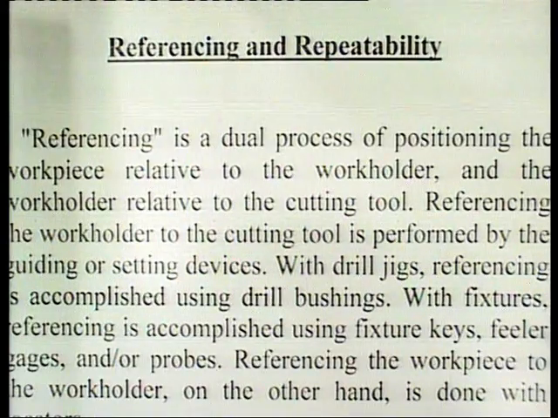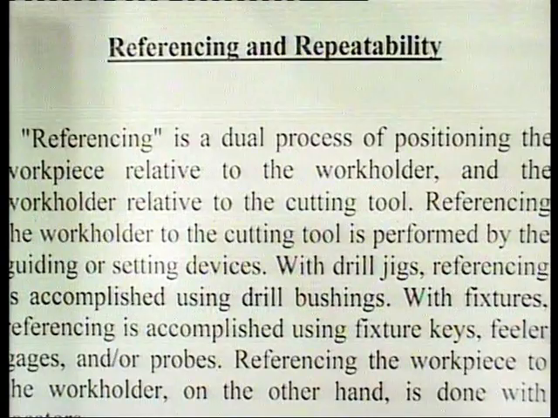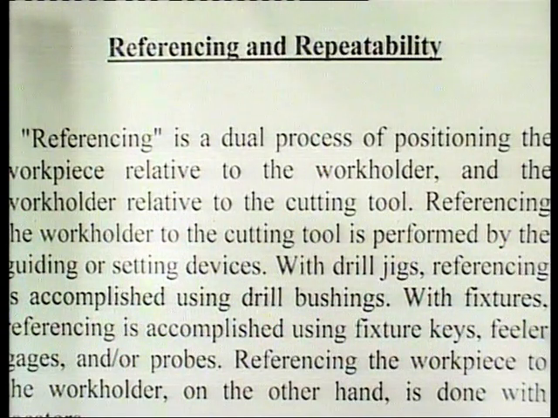With drill jigs, referencing is accomplished using drill bushes, and with fixtures, referencing is accomplished with fixture keys, feeler gauges and/or probes. Referencing the workpiece to the work holder, on the other hand, is done with locators.